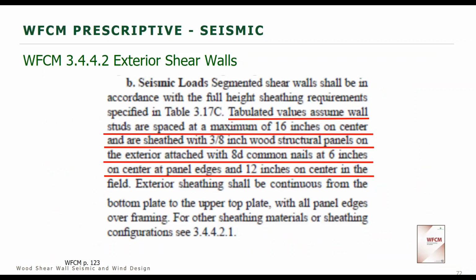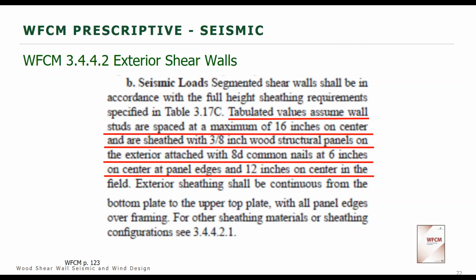Now, when we talk about the baseline assumptions, this is one of them related to the construction of the actual shear wall. If we're designing for seismic loads, it's similar to wind loads in that the makeup of our wall has minimum studs at 16 inches on center, 3/8 inch wood structural panel on the exterior of the building, and then 8-penny common nails, 6 inches on center on the panel edges and 12 inches on center in the field.